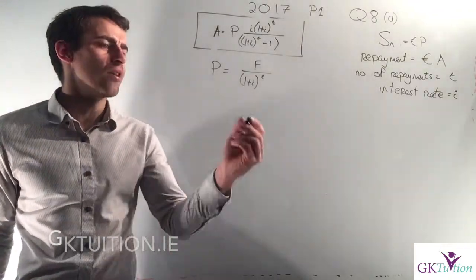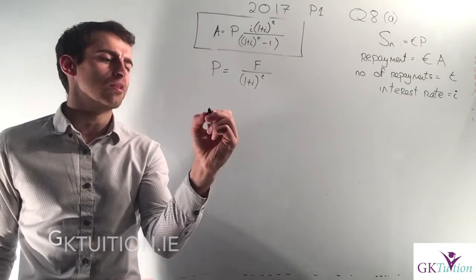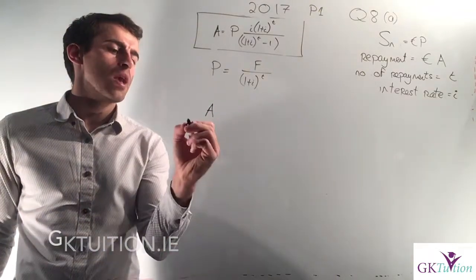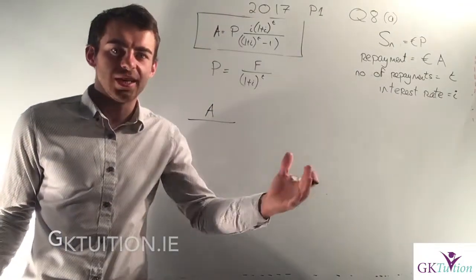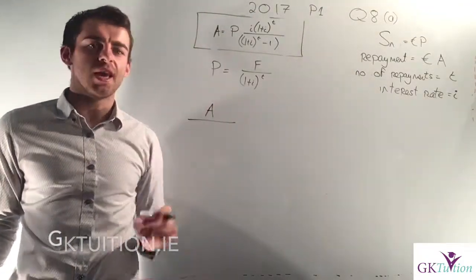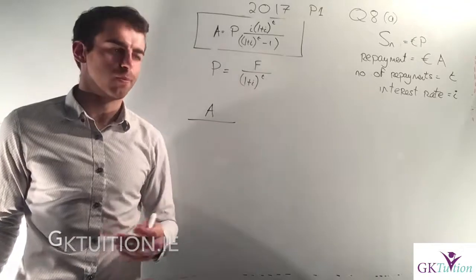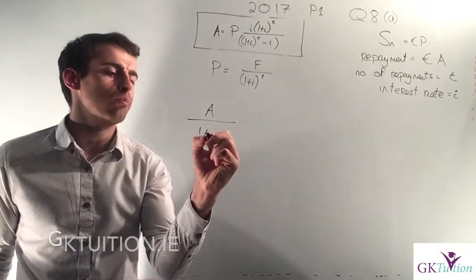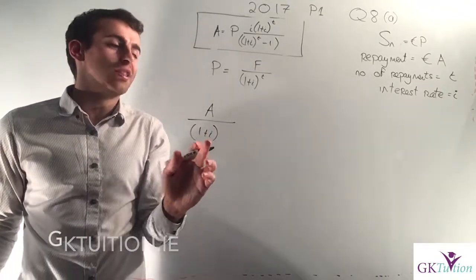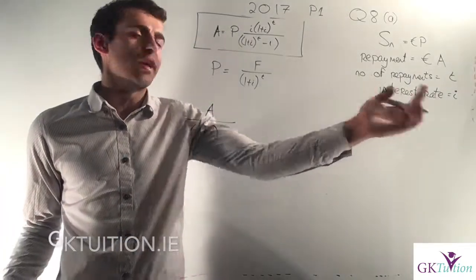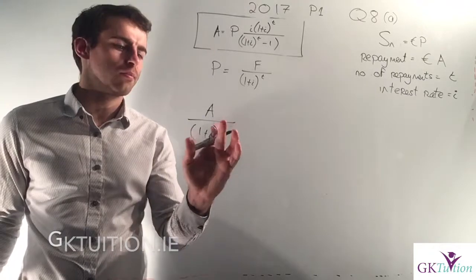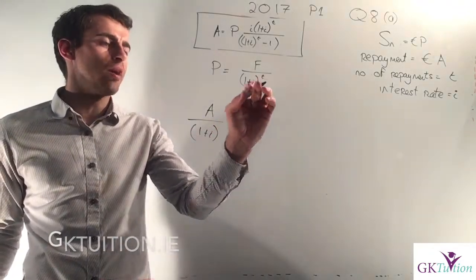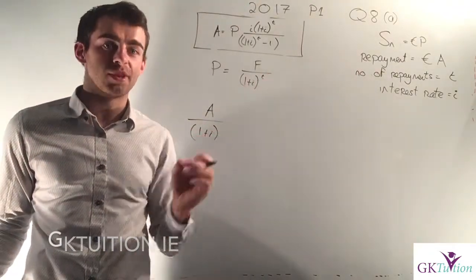So in this scenario, my very first repayment is going to be €A. Okay? And that's my future value. So in the future, in a week, or in a year, or in a month, I'm going to pay €A. So that's the future value. And I'm going to divide that by 1 plus I, where my I just stays as I because my interest rate is just represented by an I. Now this is the first repayment, so it's to the power of t, which represents the repayment number.